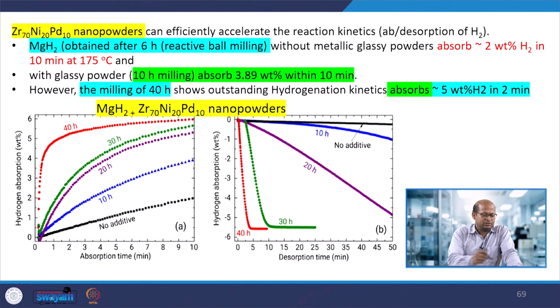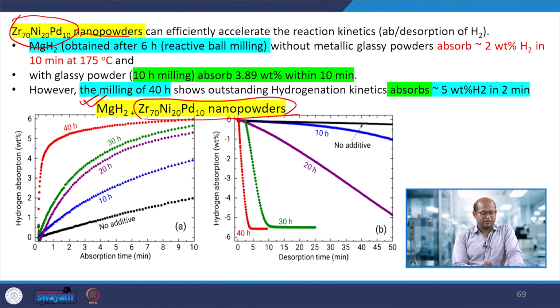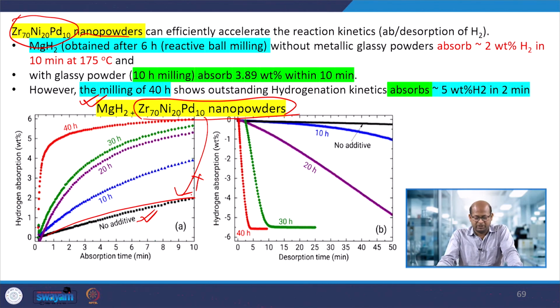Zirconium, nickel, palladium nanopowders can also be used as a catalyst or additives for this magnesium hydride. Here you can also see that if we do not use any additives or catalyst, the hydrogen absorption capacity is very low, close to 2-8%.